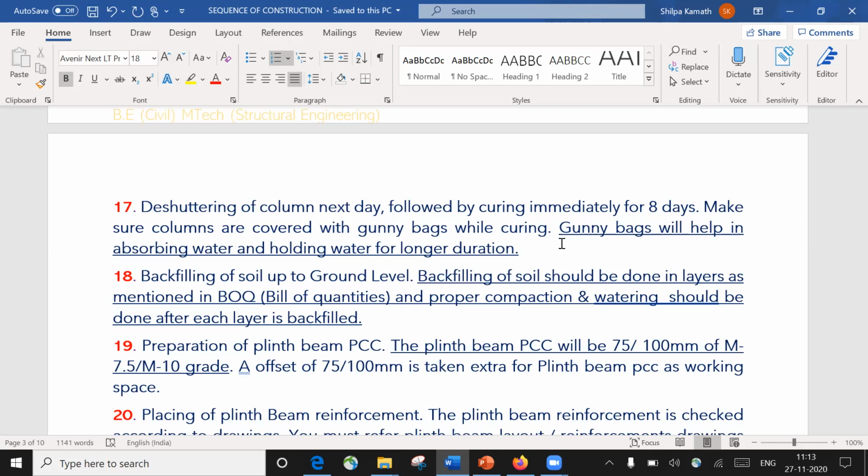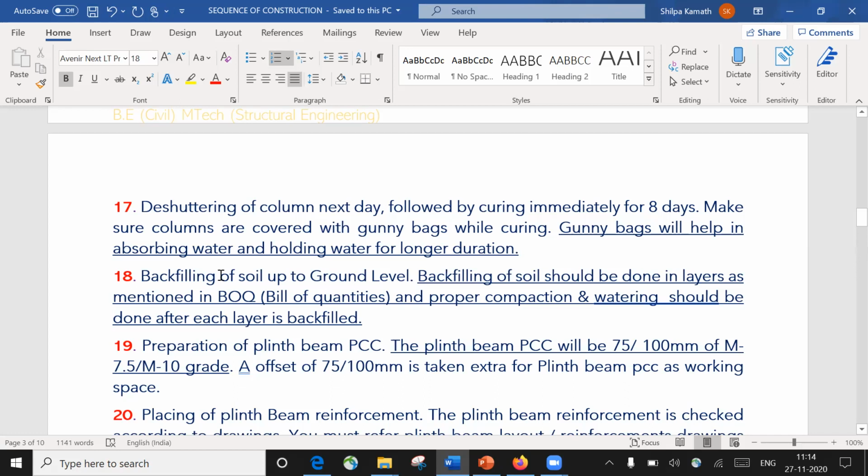And let us say your site manager has entered your site, and he can't keep on asking you or some laborers when this column was cast, whether the curing is being done on a daily basis or not. So it's always a good practice to write the date on the column on which it was cast, so that anyone who enters your site will come to know that this column was cast on that particular day, and the curing is being done on a daily basis. This is how it happens at the site.